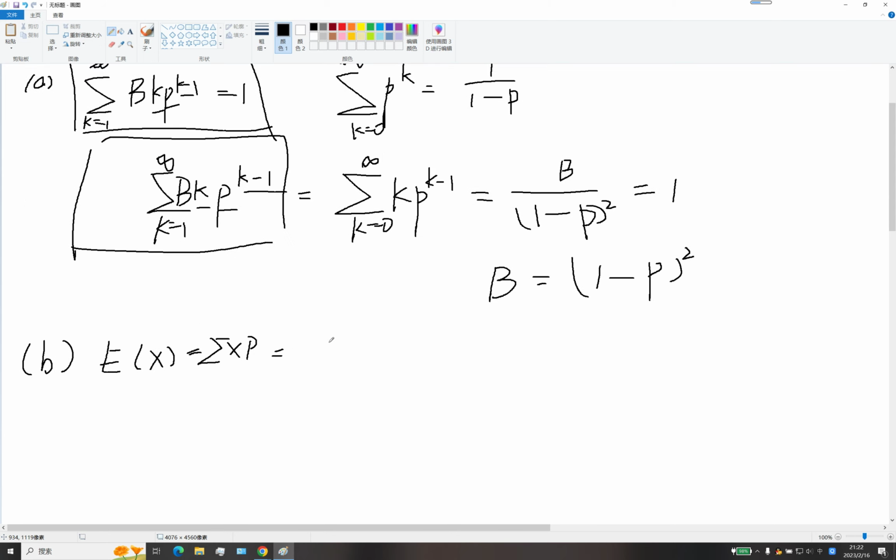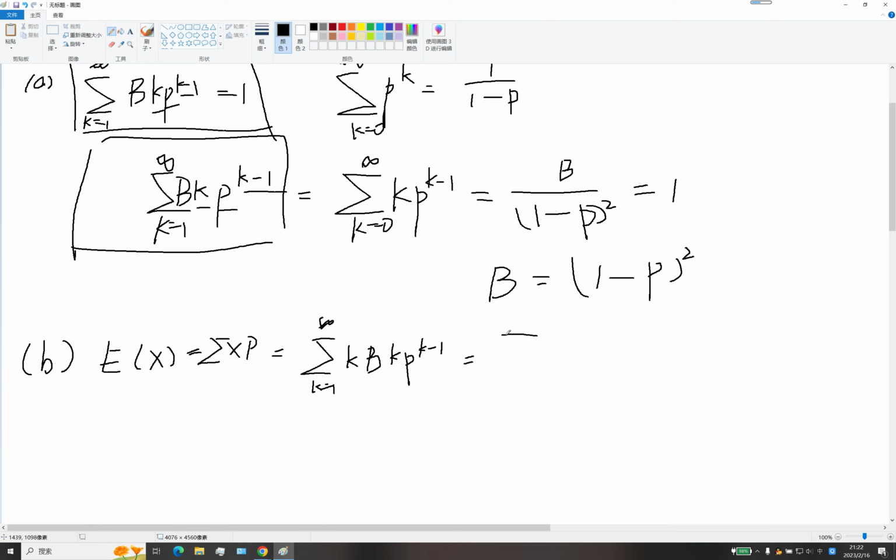So this is x equals k, and the probability is b k p^(k-1), k from 1 to infinity.